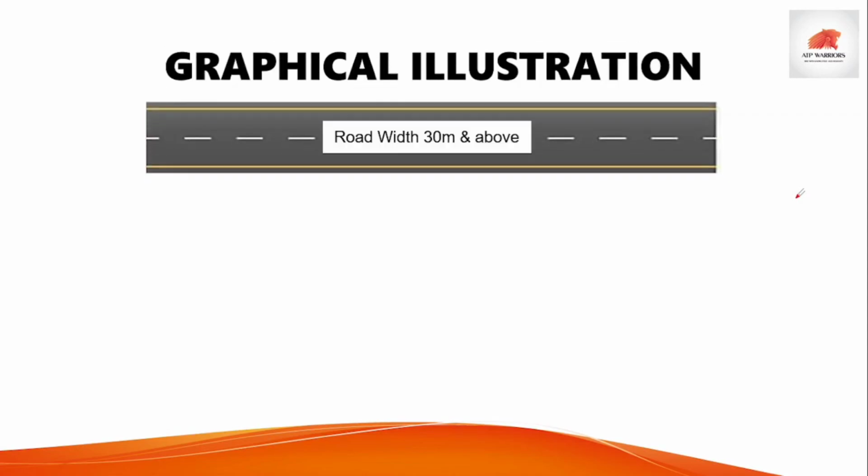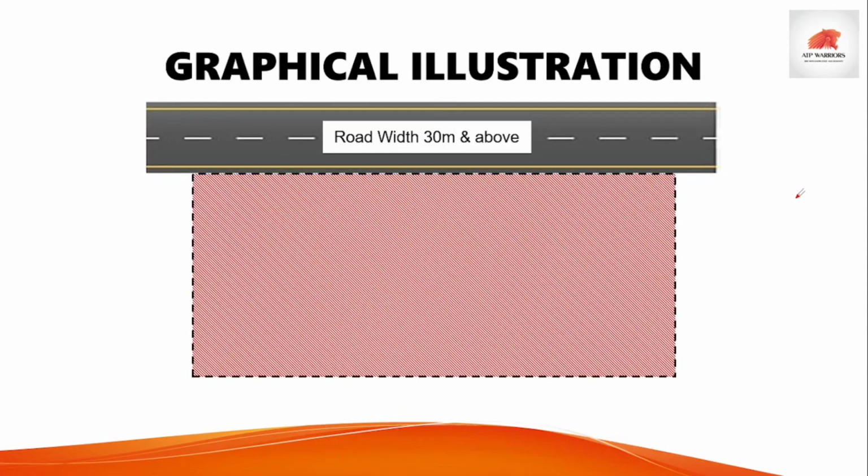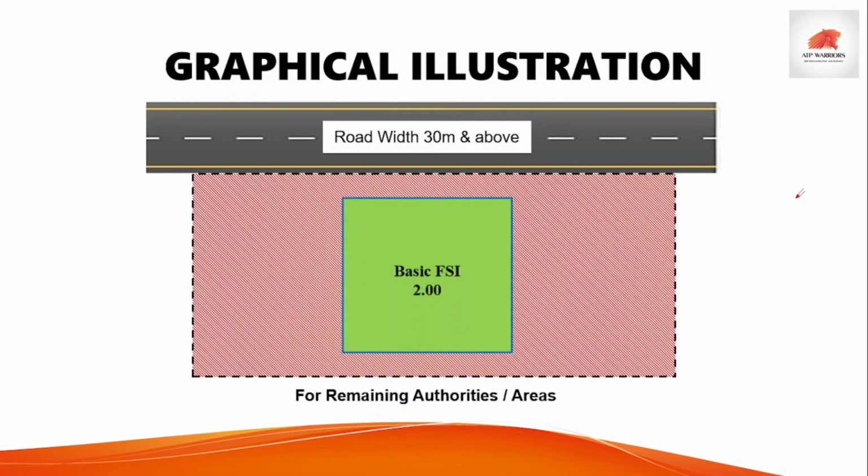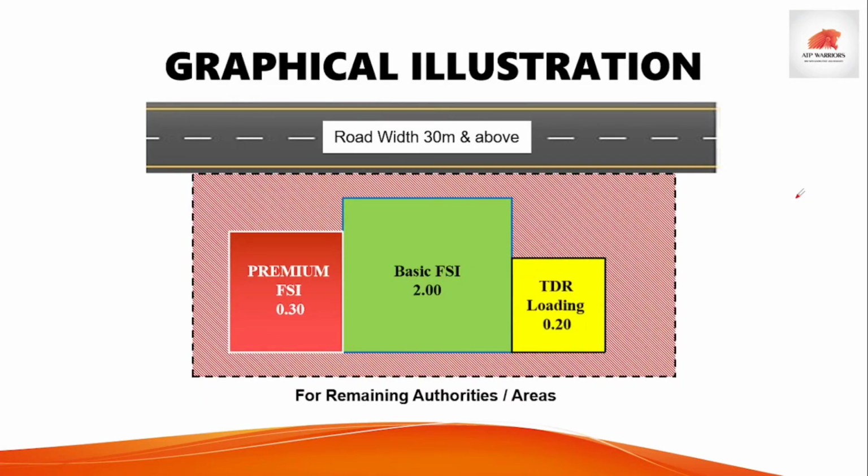Okay, so for other authorities or areas, for the plot facing the road width 30 meter and above, the built up area basic FSI is 2.0, the premium FSI is 0.30, and the TDR loading is 0.20.